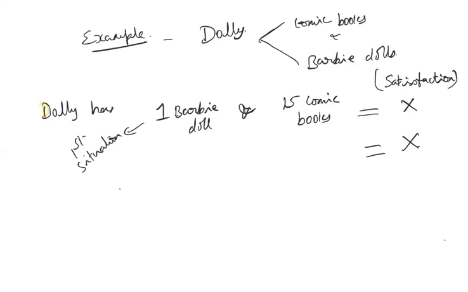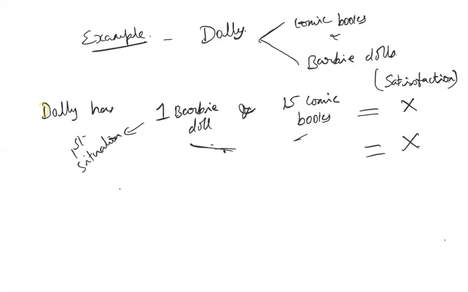Without disturbing the satisfaction, obviously no consumer would like to trade off any commodity, because under those circumstances the satisfaction is going to decrease, isn't it? So they will make all possible combinations between the quantities of these two commodities in such a way that the satisfaction remains the same.